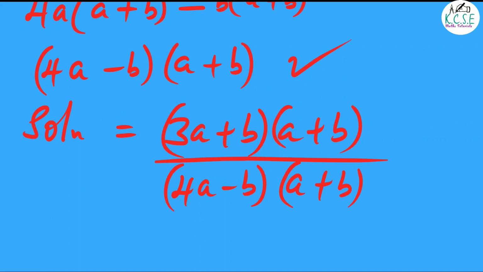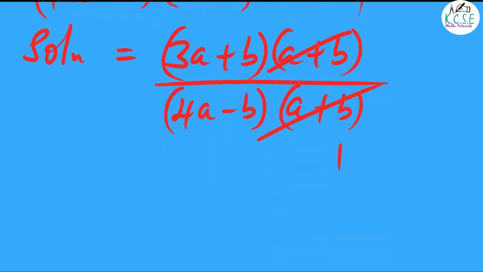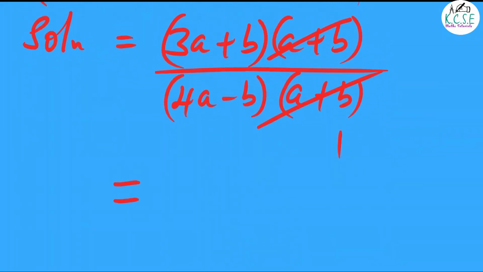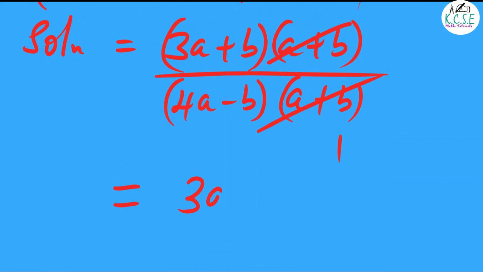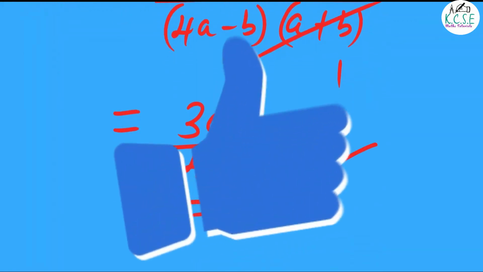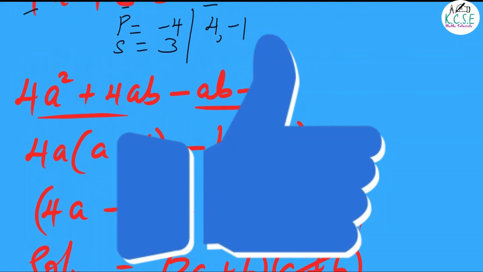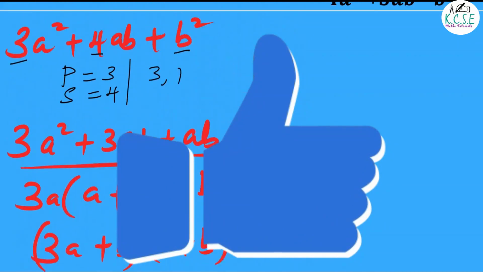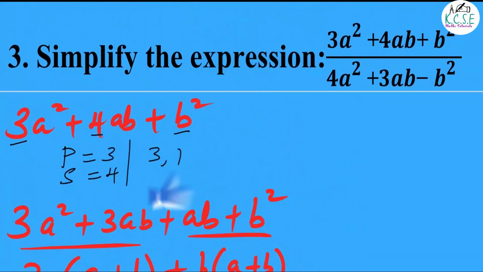When you look at that solution, the a plus b will cancel out, and therefore we shall get the simplified expression as (3a plus b) over (4a minus b), and this is our final solution. So that is how you're supposed to simplify that expression.